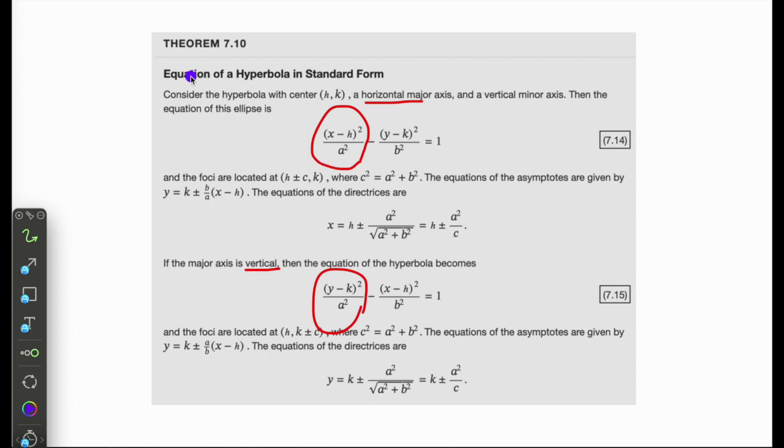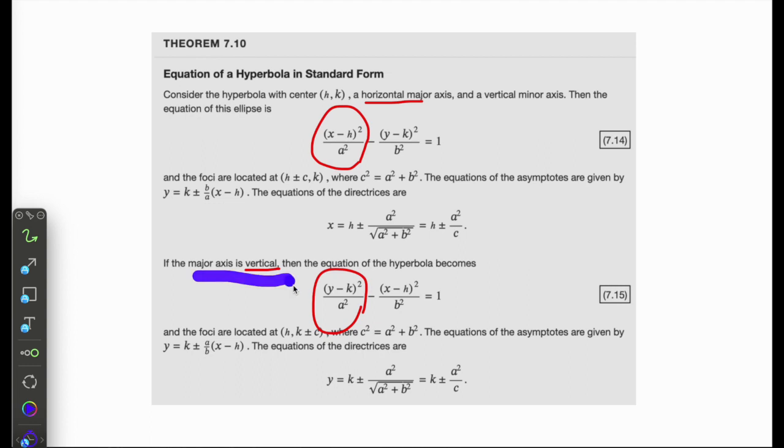But with the equation of a hyperbola, there is an order that needs to be maintained because of this minus. If the x term is first, then we have a major axis that's horizontal. If the y term comes first, then the major axis is going to be vertical.